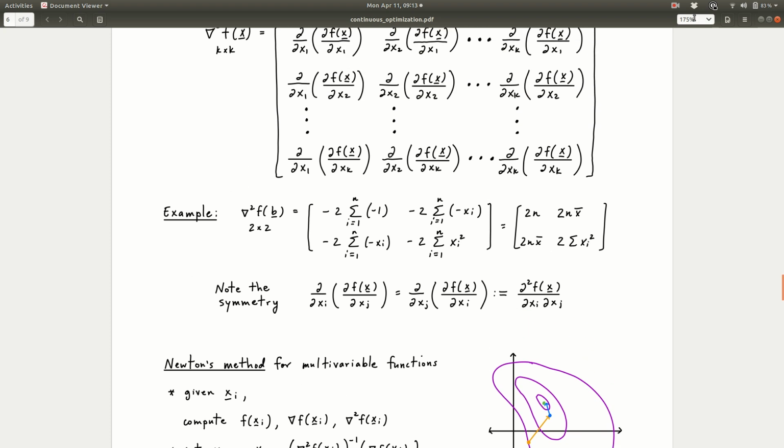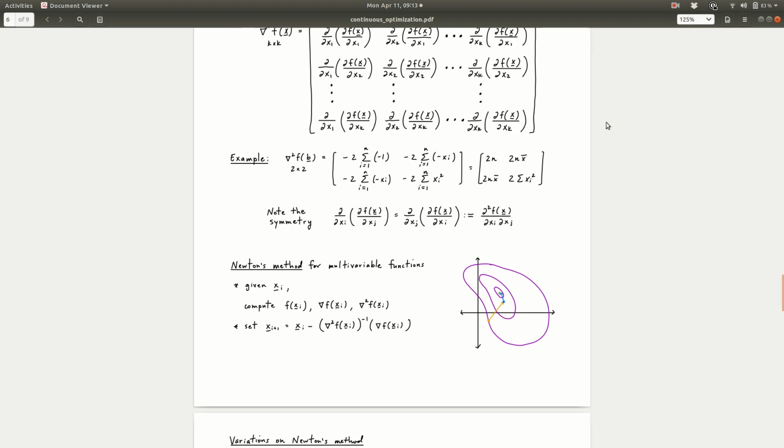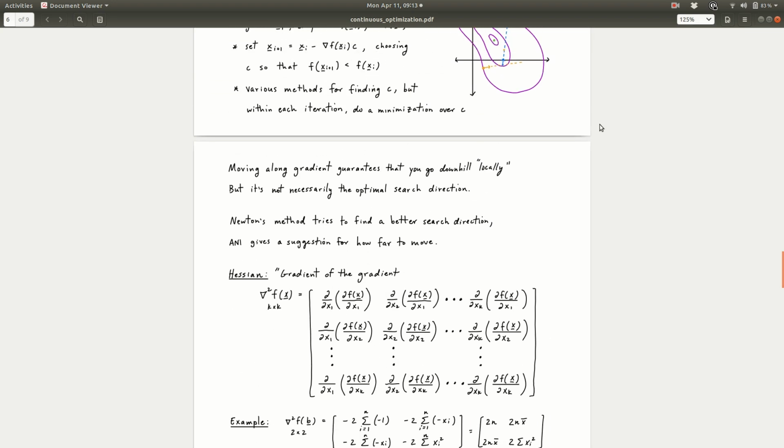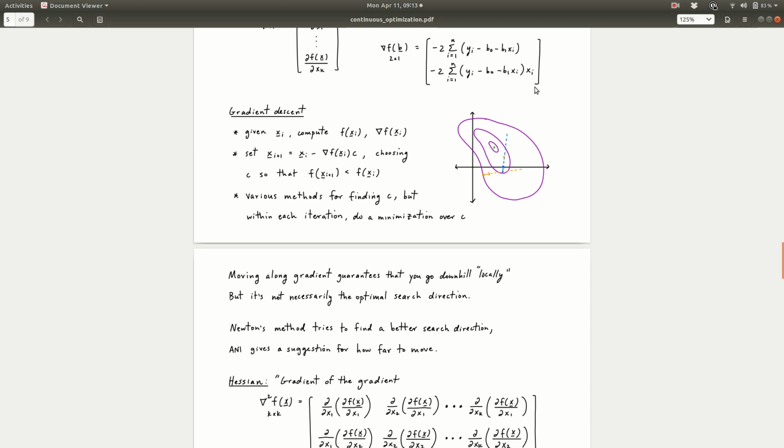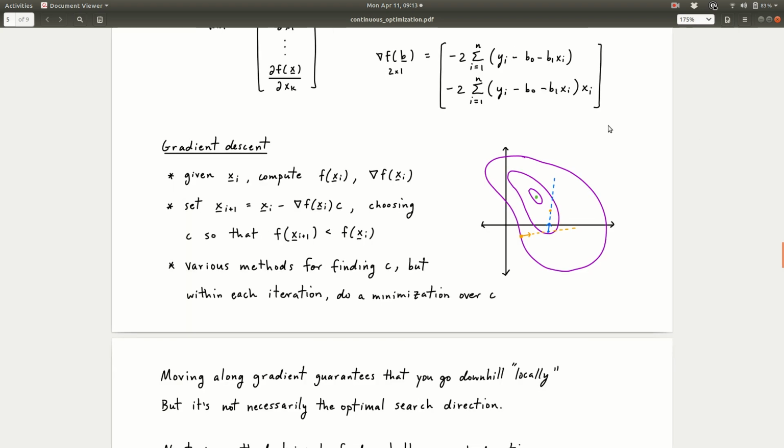Maybe we can make this smaller so we can see both. Not going to fit, but okay, let's just do this. If you take the derivative of this with respect to b0, you're just going to get a minus 1 in here. So this is going to be minus 2 times sum minus 1. If you take the derivative with respect to b1, you're going to get a minus x inside of here.